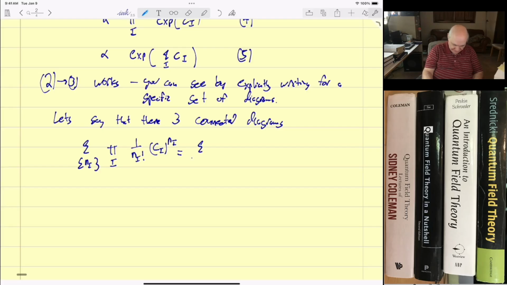And we only have 3 connected diagrams, so we only have 3 integers, n1, n2, n3. Product from i equal 1 to 3, 1 over ni factorial, ci to the ni. Okay? And this is equal to the sum. Remember, we take all possible values for n1, n2, n3 among the natural numbers.